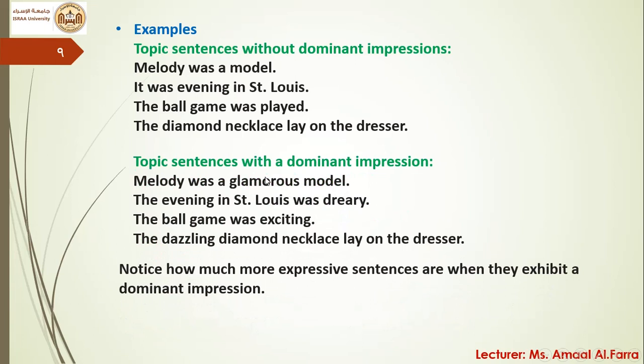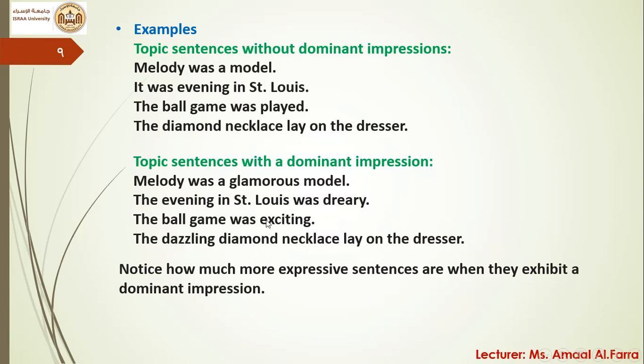Here we add some adjectives or descriptive words. By adding them, we know that there is a dominant impression. When I say, for example, Melody was a glamorous model, the evening in Saint Louis was dreary, the ball game was exciting, the dazzling diamond necklace lay on the dresser.